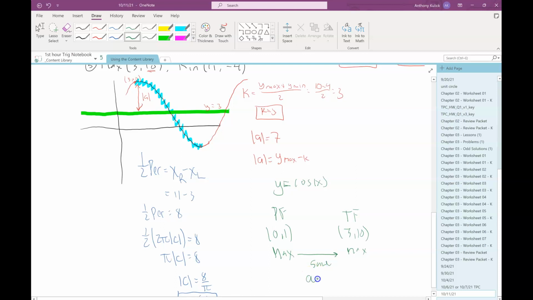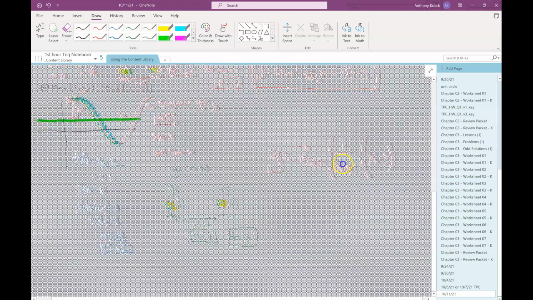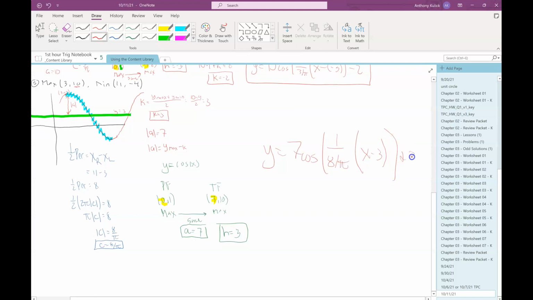Because these are the same, that tells me the a value is positive. If I'd used the minimum, the a value would be negative. Because the x-coordinate here is 0, the x-coordinate for my transformed point is going to be my h. And that's everything I need to write my equation. So I have y equals 7 cosine of (8 over pi)(x minus 3) plus 3.